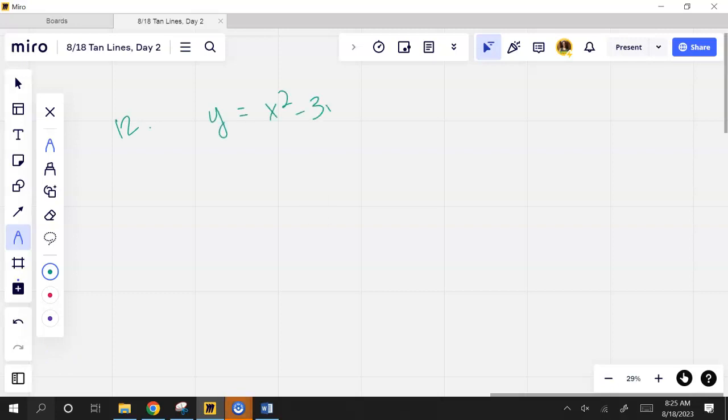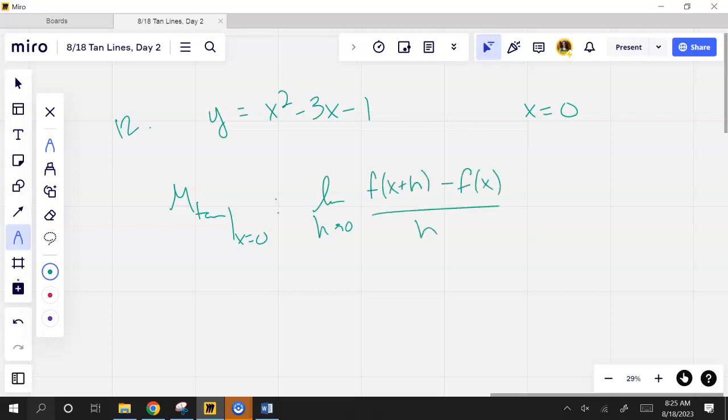X squared minus 3x minus 1 at x equals 0. All right. The slope of the tan line when x equals 0 is the limit as h goes to 0 of f of x plus h minus f of x over h. But I am going to evaluate this when x is 0. Are y'all okay there?